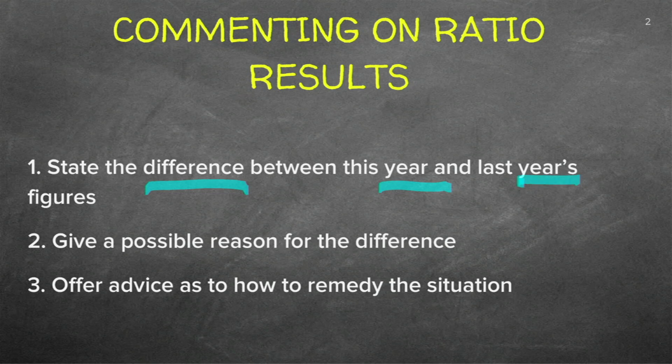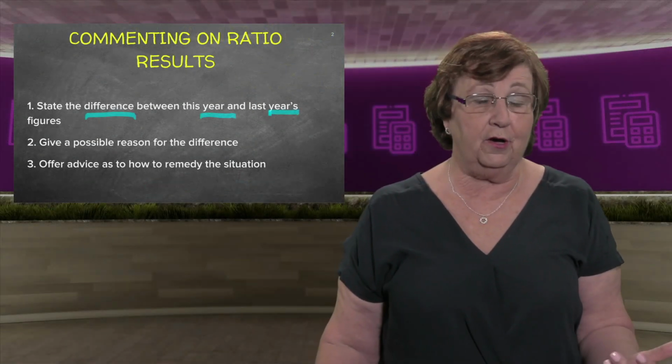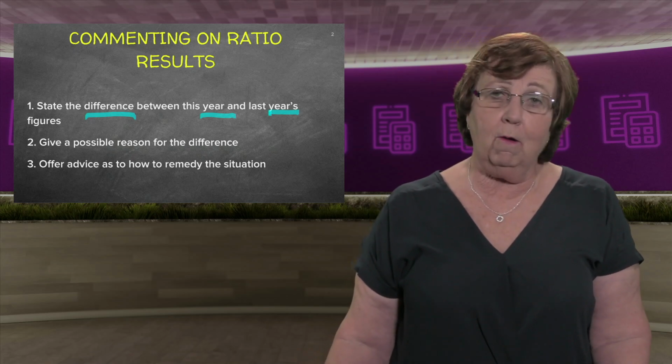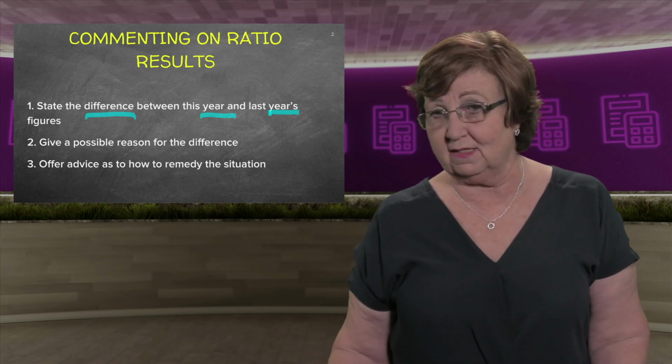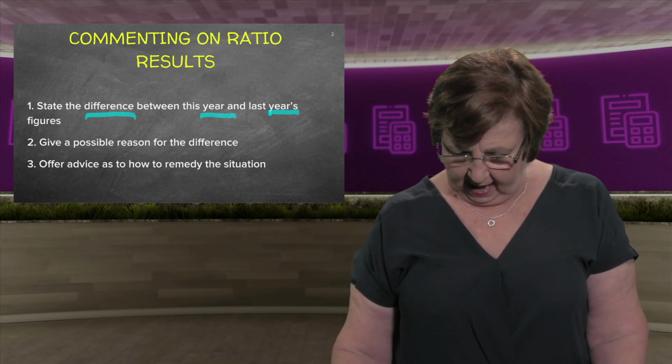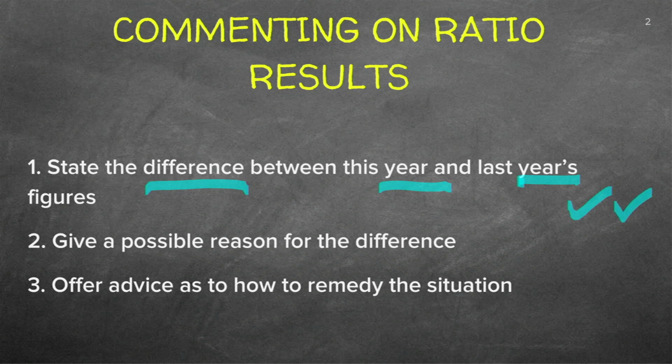Remember, I said to you that you can either state in year 1 it was X and in year 2 it was Y, or you can simply say the difference between last year and this year's figures is X amount, and 2 marks for stating that. Then I want you to give a possible reason for the increase or the decrease in the ratio, and again 2 marks for that.